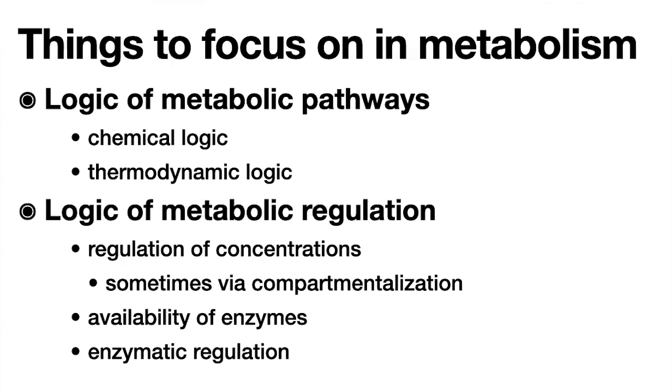That enzymatic regulation can be through covalent modification, things like phosphorylation, or it could be based on allosteric modulation. It could be allosterically modulated, and sometimes it could be allosterically modulated by its own product. So it can still be regulated that way.